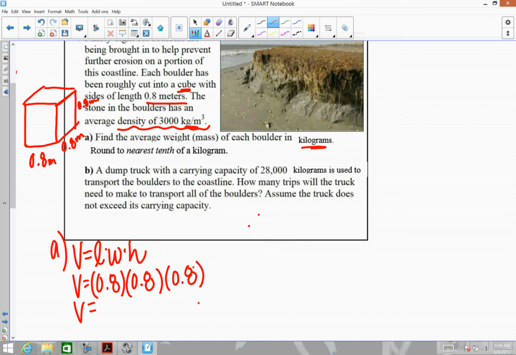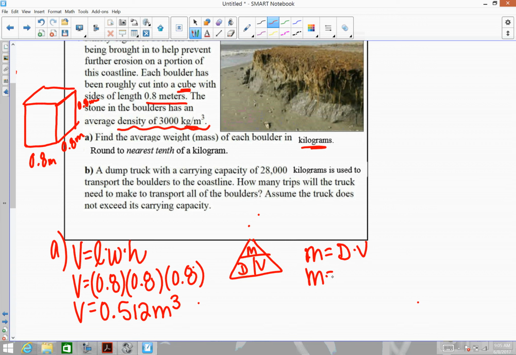My units on this are going to be cubic meters, so I get 0.512 meters cubed. So there's the volume. Now again, if you think about your density triangle, density equals mass over volume. That means for mass, it's going to be density times volume.